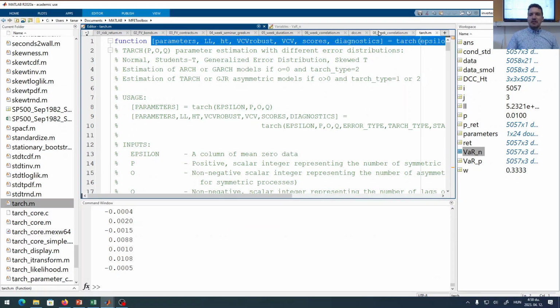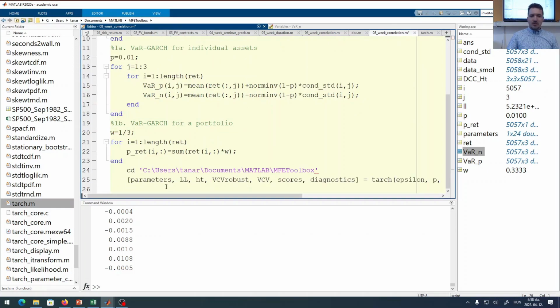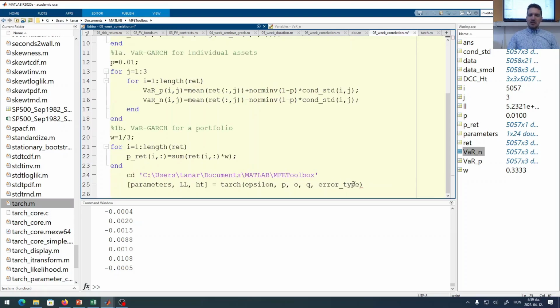Otherwise you can open it in a notepad editor, so... And also you can define here the error type, so we could say... Okay, I will show you this trick as well.